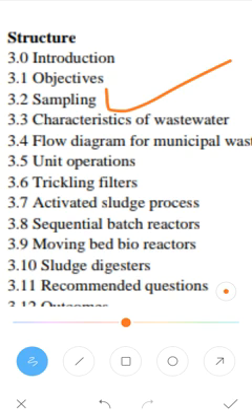Because of the increased emphasis on verifying the accuracy and representativeness of the data, greater emphasis will be placed on proper sample collection and preservation techniques.